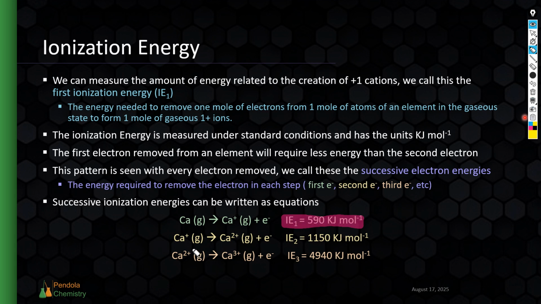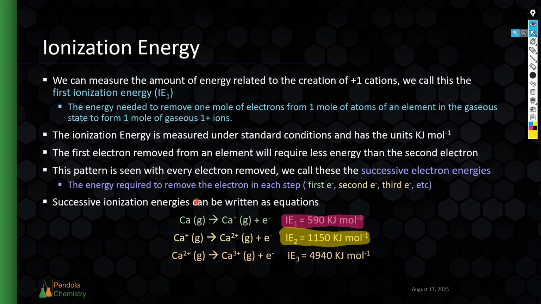Well, for the second electron, what we call the second successive ionization energy or second ionization energy, it takes 1150 kilojoules of energy. The first electron removed from an element is going to require less energy than the second electron removed. And then the second electron requires less energy than the third, so on and so forth.